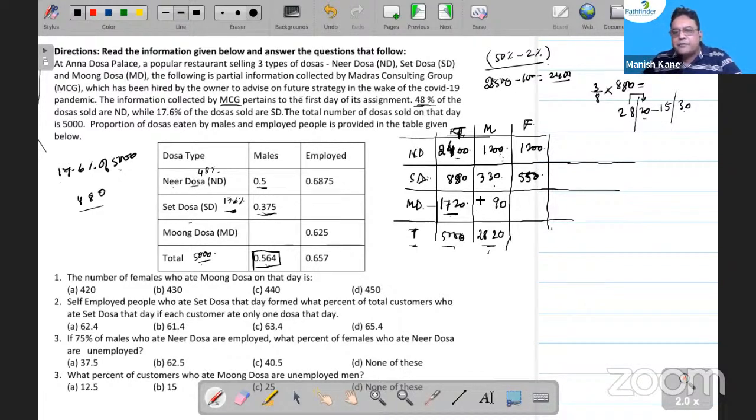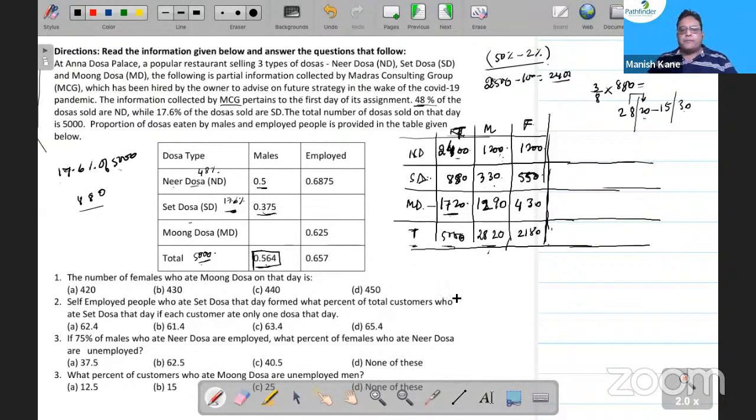And 27 minus 15 is 12. So 1290 males eat. So how many females are going to eat this? Again, 16 minus 12 is 4, and we get 430. And what is the total number of females eating this? So 980 plus 12, so 2180. So that completes one part of our data. So we have all data that is required by us.